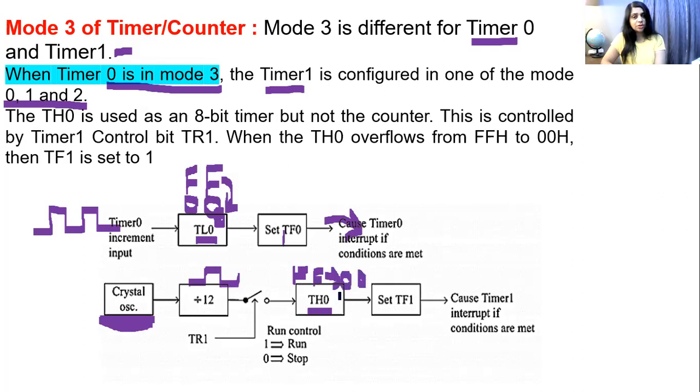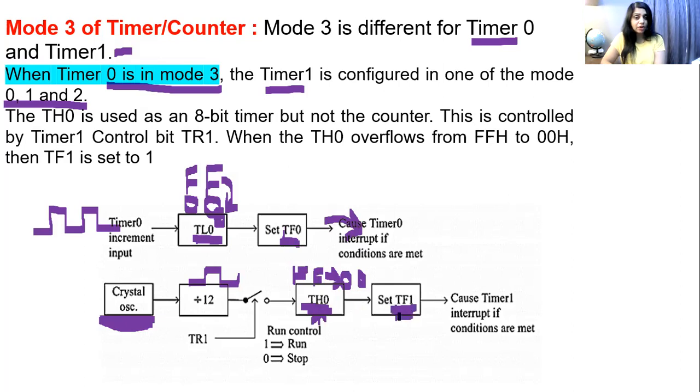Now it will set the TF1 bit. So here TL0 sets TF0 on overflow, and TH0, the timer 0 higher byte, sets timer flag 1.